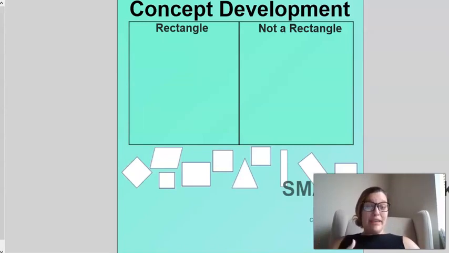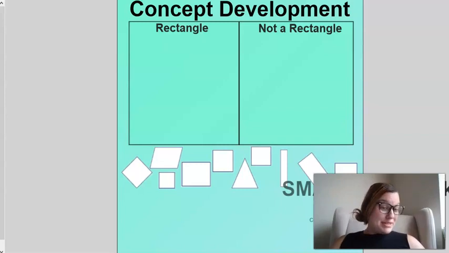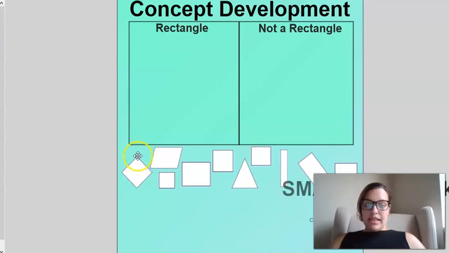Okay, so we're going to play a game really quick. You're going to tell me if these shapes are rectangles or not. And remember, a square is actually a rectangle. It's a very special one. So we're going to count and see if we have rectangles here. 1, 2, 3, 4.